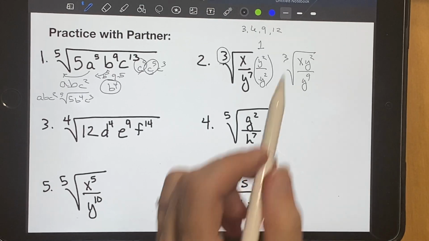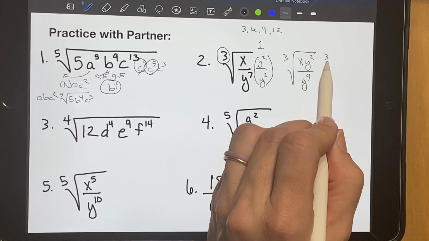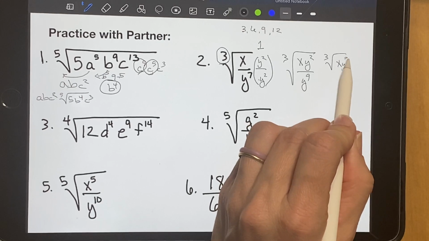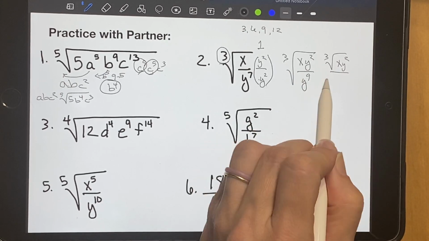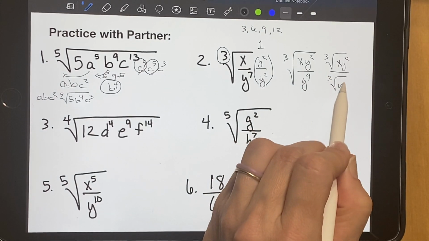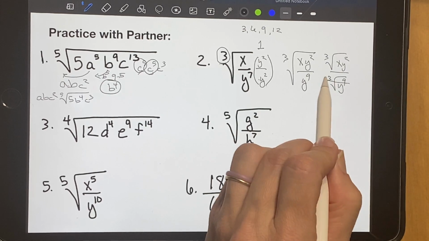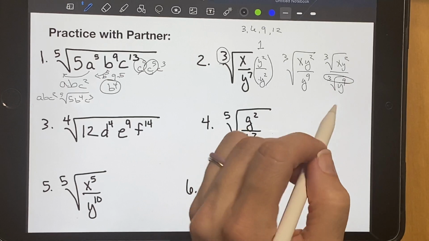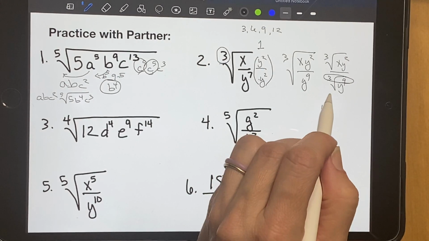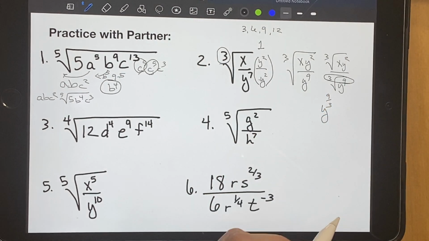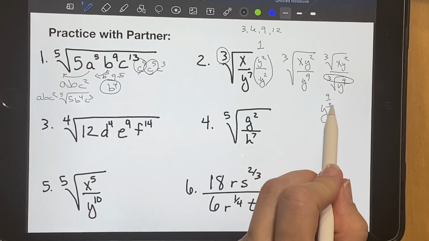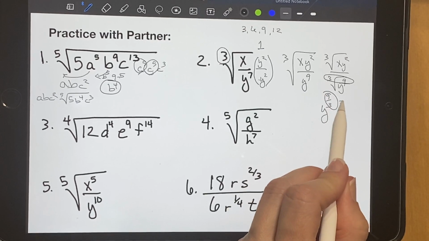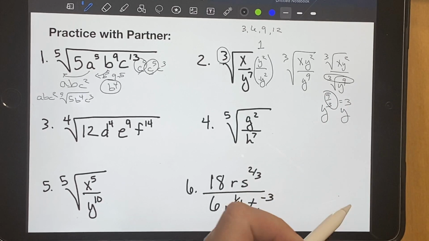Okay? Which can be separated into the cube root of x y squared, and now I have the cube root of y to the ninth. If I rewrite that as a fractional exponent, it helps me simplify it faster. 9, I have 9, I need 3. 9 divided by 3 is 3, y cubed.